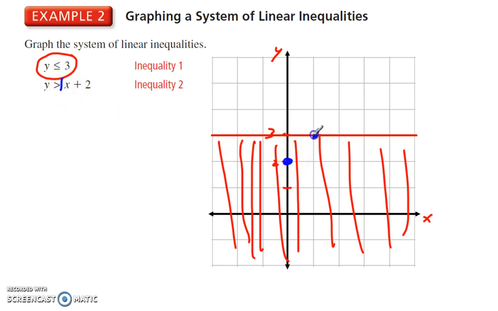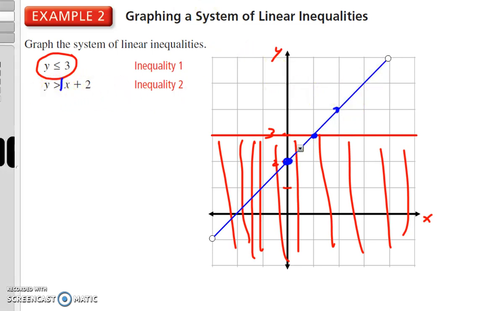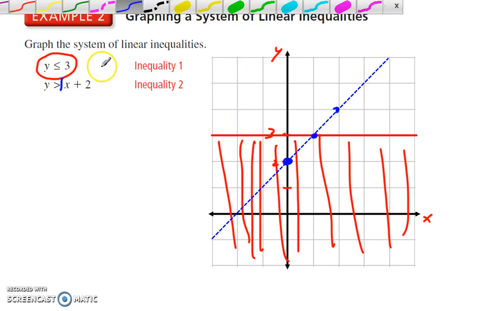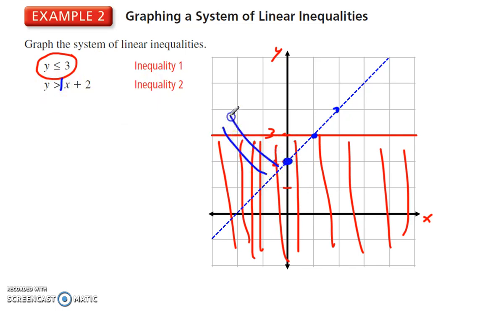Up 1 over 1, up 1 over 1, and then we can graph that line like so. And now remember, if it's greater than and it's not equal, then that needs to be a dotted line. So there's my dotted line, and then check which side gets shaded. It says y is greater than, so it's going to be above the line. This gets shaded.